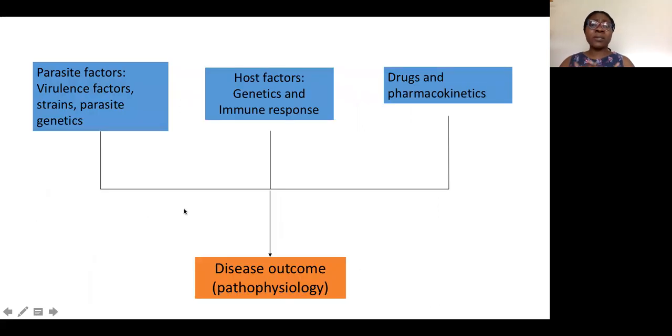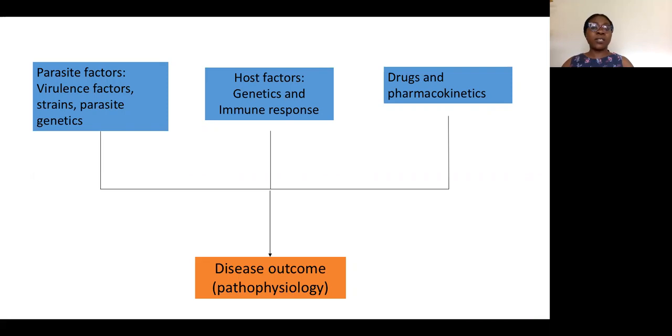Now, there are different factors that affect the outcome of malaria. From the parasite factors, we would look at the virulence of the parasite, the strains of the parasite, as well as the parasite genetics. We also have the host factors, in this case the human host, because we have human and non-human hosts.